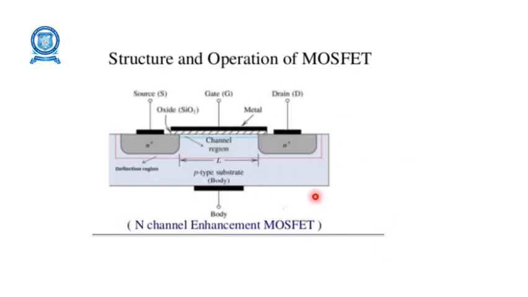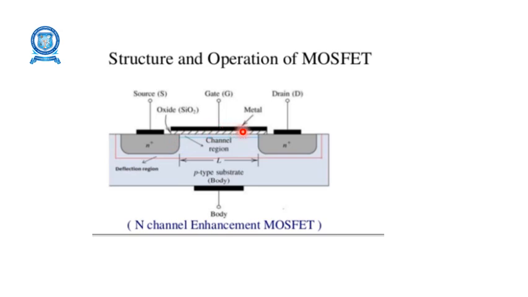Next, structure of the MOSFET. It is the N channel. Source and drain are N plus regions. The substrate is P type. That means the body is a P type substrate. In between the source and drain we have the channel length.